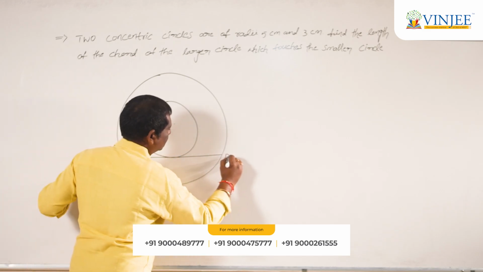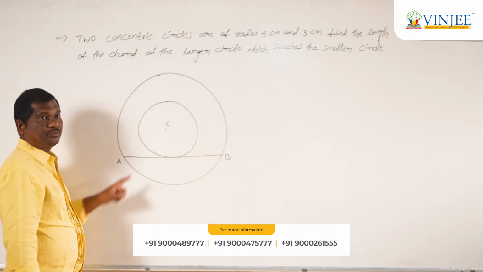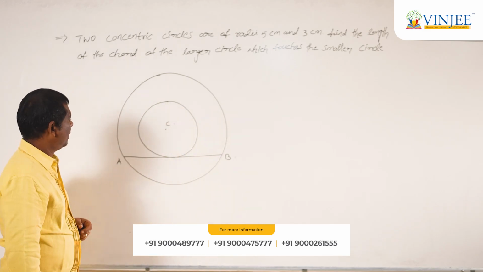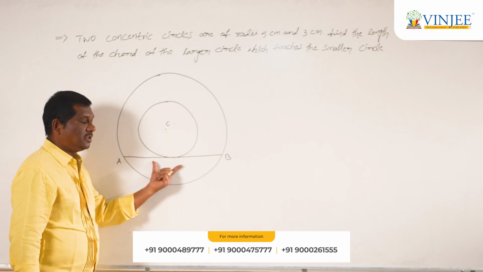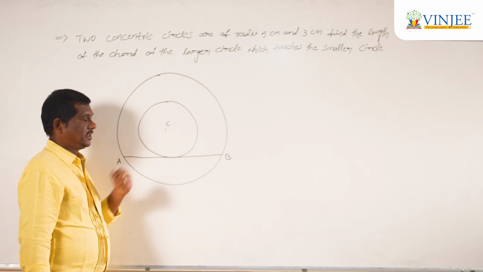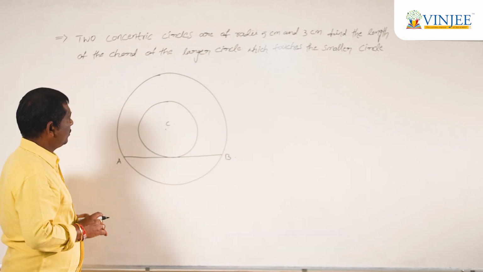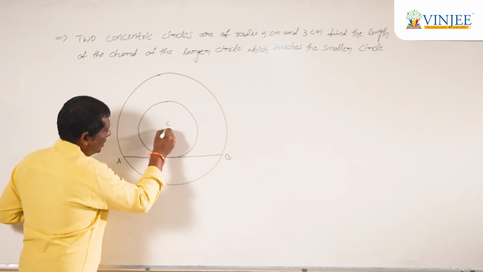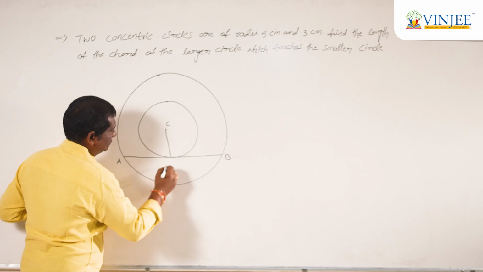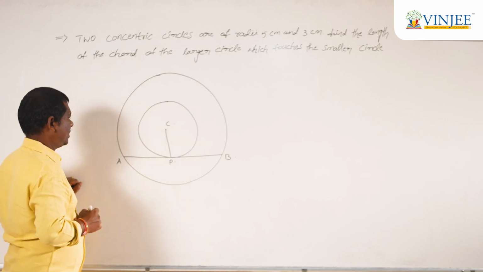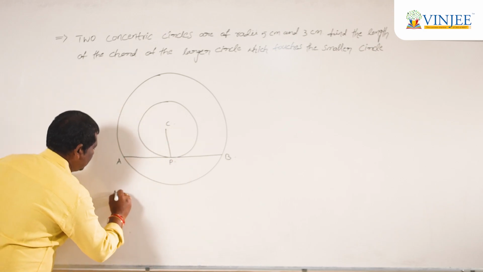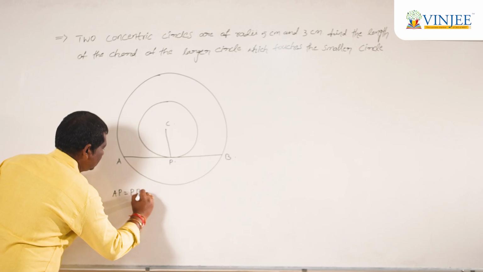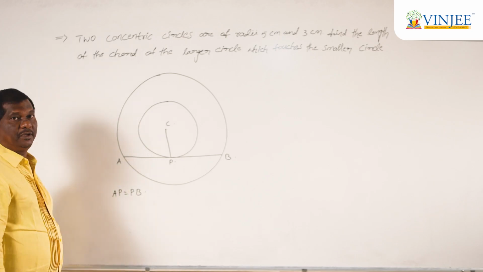Now AB will be the chord for the bigger circle. Now if I drop the perpendicular from the center to this chord, it will bisect the chord. Therefore, AP should be equal to PB.